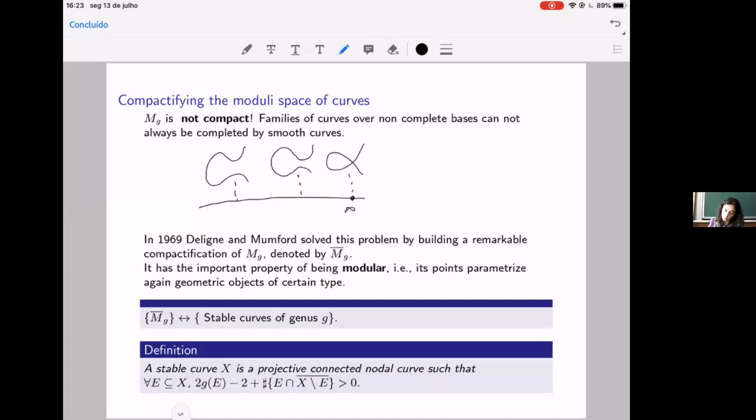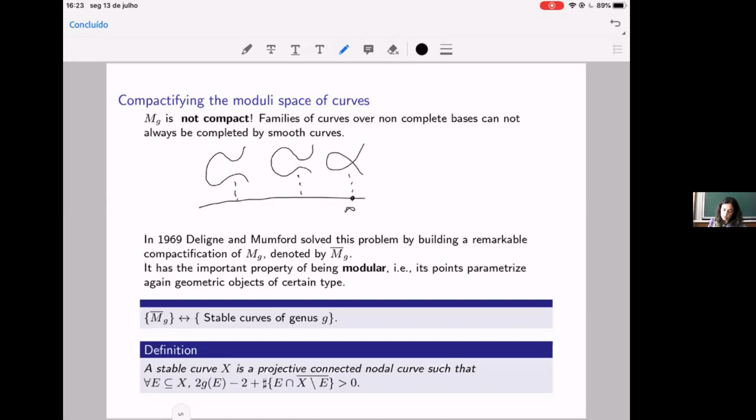So what's the meaning of this word? It means that the points of MG bar, which is going to be some bigger space containing MG as a dense subspace, so the boundary points will also parameterize algebraic geometric objects.